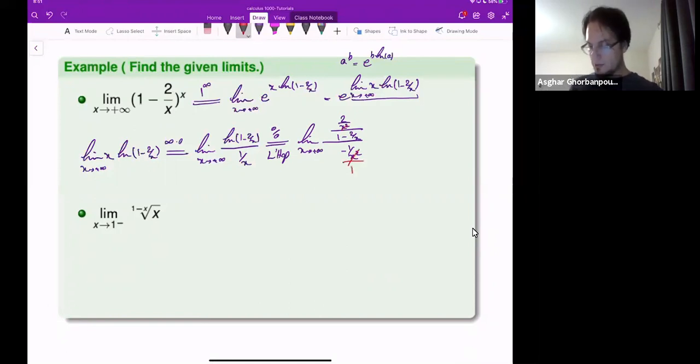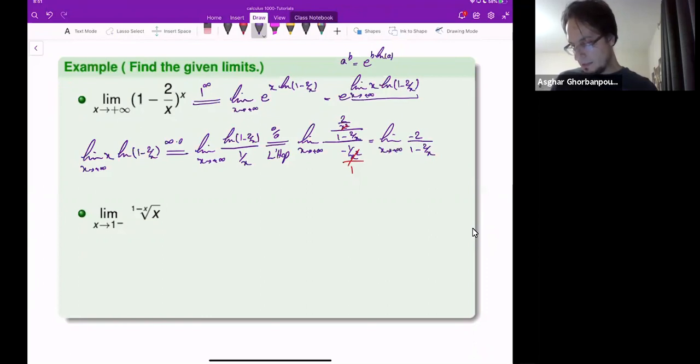Well, remember that there's 1 there. And then rewrite everything, and this will be limit of 2, there's a negative sign, I'll write that up there, over 1 minus 2 over x as x goes to plus infinity. This is negative 2 over 1 minus 0, and that is negative 2.